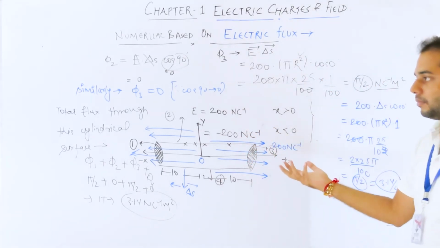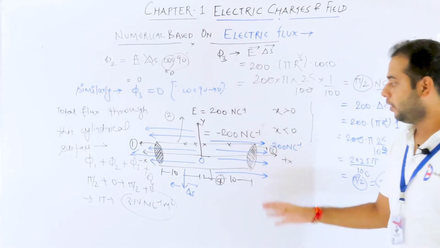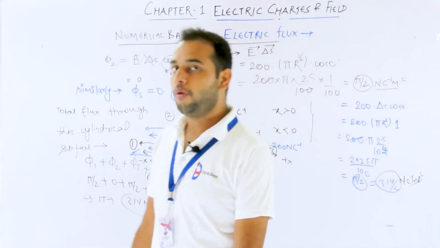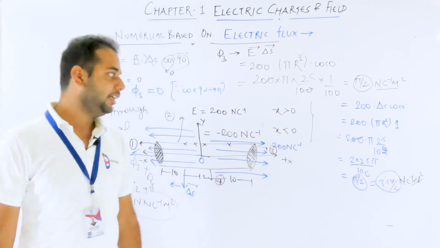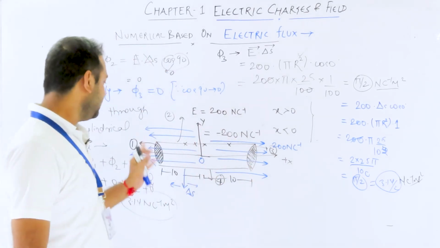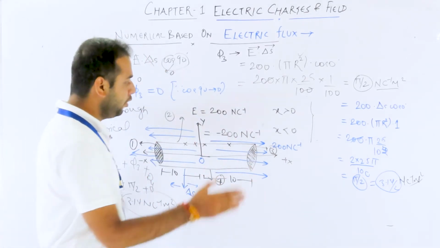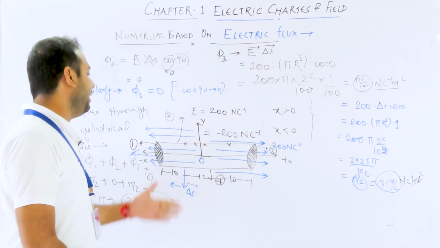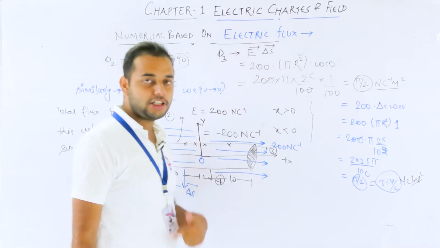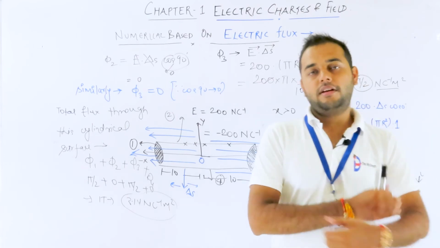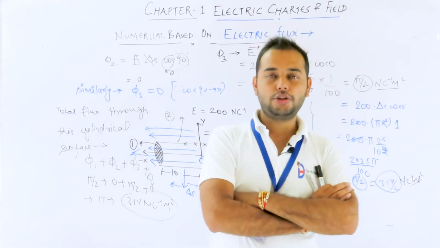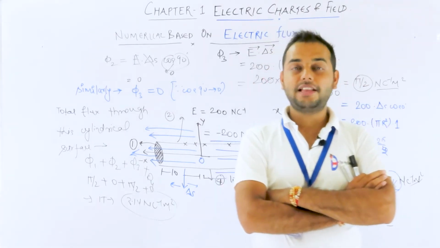What is the direction of the flux on this surface, isn't it opposite? The direction of the flux on this surface and this surface is opposite, because electric field is going in this direction and electric field is going in that direction on that surface. So what should I do? Should I add them or subtract them?